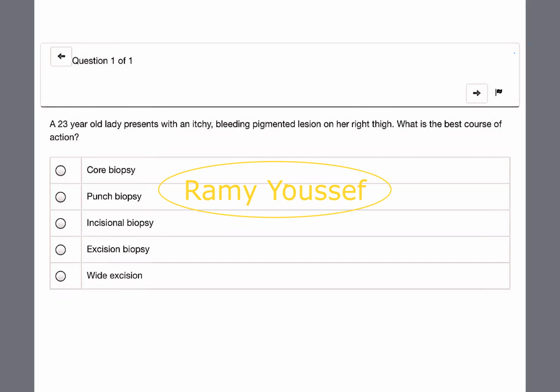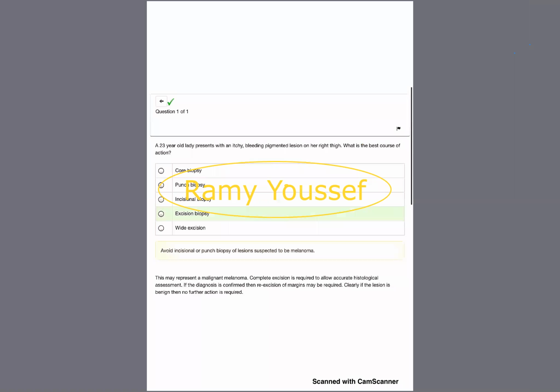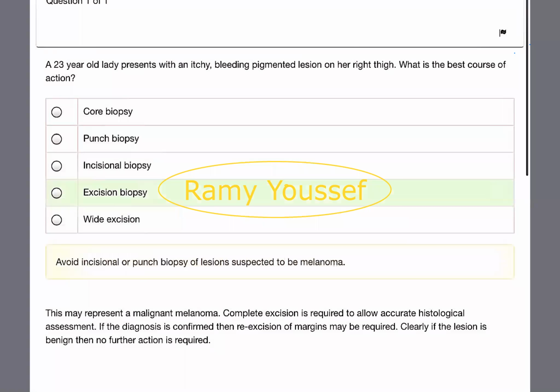Incisional biopsy, punch biopsy and core biopsy are not allowed in suspicious malignancy. There is no core biopsy, by the way. A punch biopsy is taken in a large ulcer.